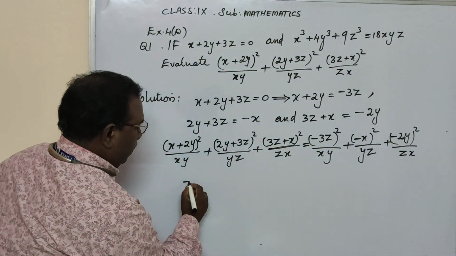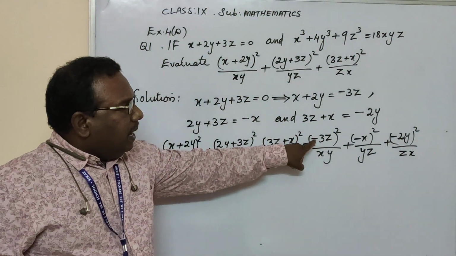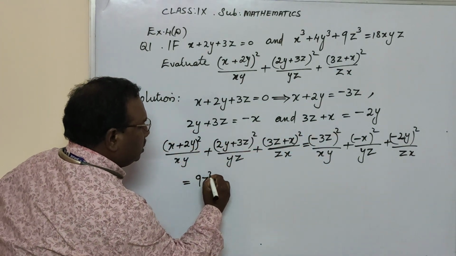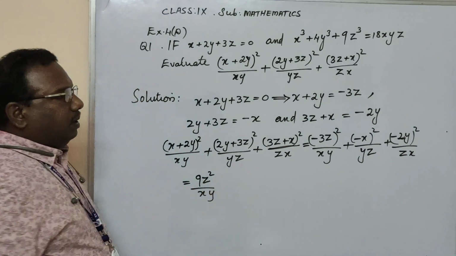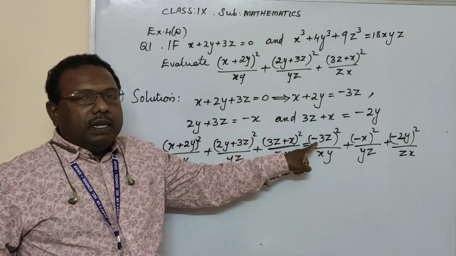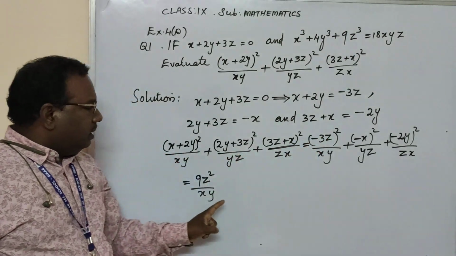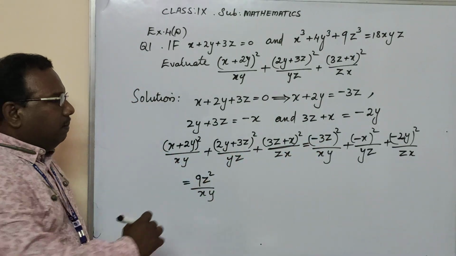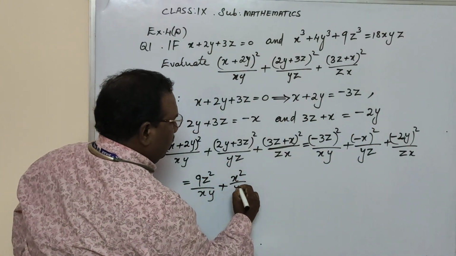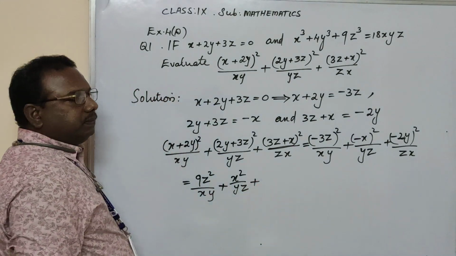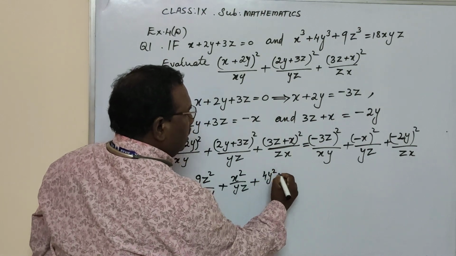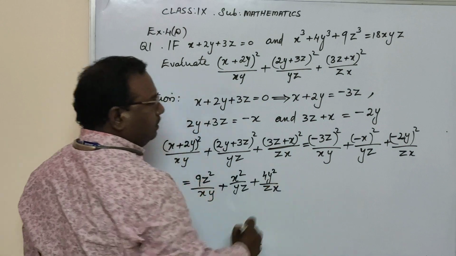Now this is equal to minus 3z all square is plus 9z square by xy. Here the power is 2, which is an even number, therefore the sign will be positive. 3 square is 9, z square, plus minus x all square is x square by yz, plus 2y all square is 4y square upon zx.